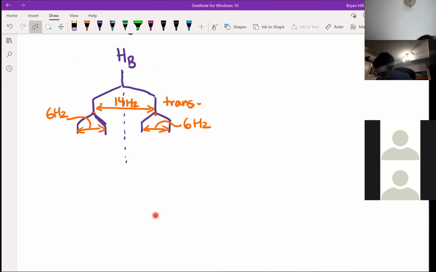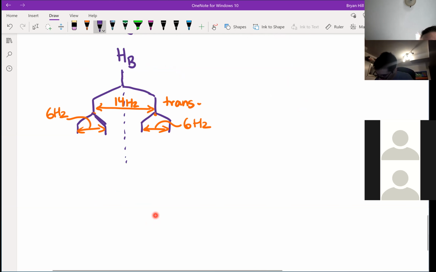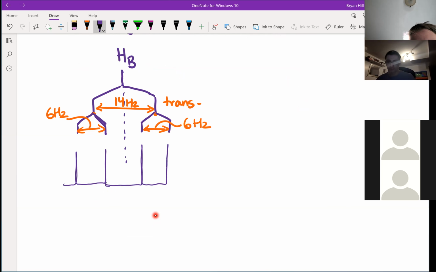This peak would manifest as a series of lines that would have a height of 1 to 1 to 1 to 1.